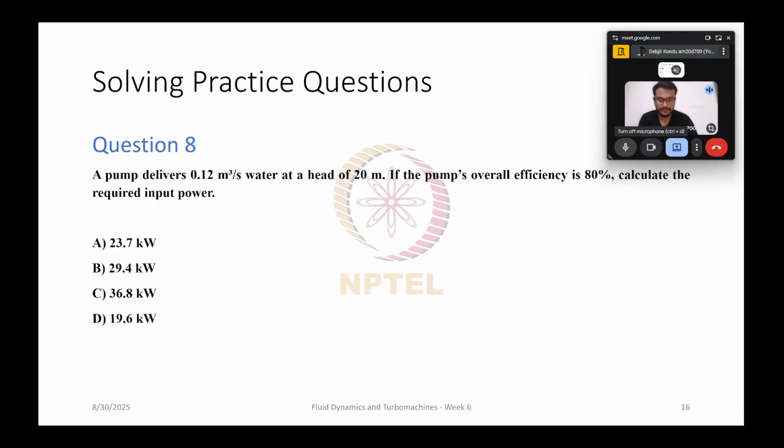Also, another piece of information which you might need is that the density of water is 1000 kg per meter cube. G, take it as 9.81 meter per second square. So given this set of data, how do you find the required input power?